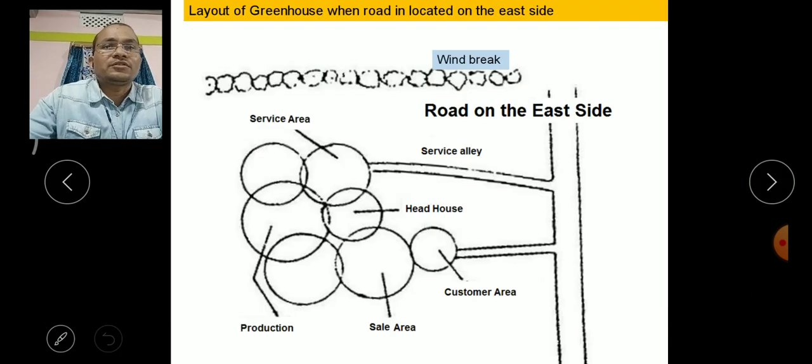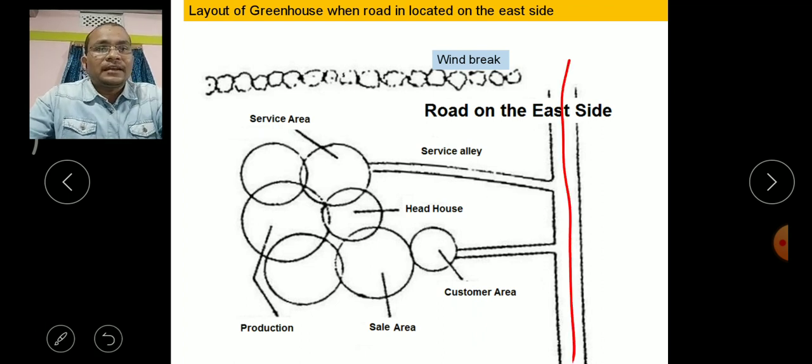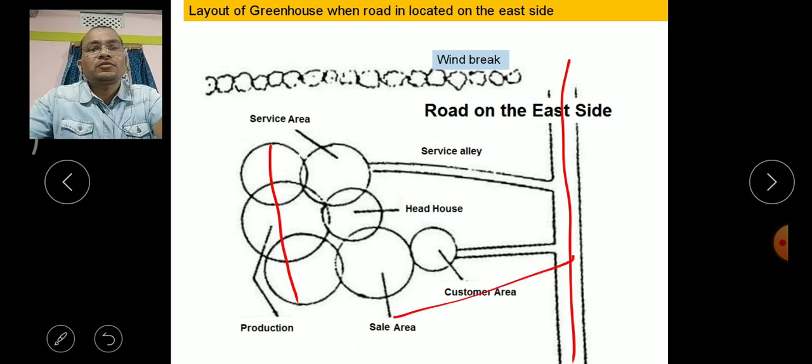See the first condition, the layout of the greenhouse when the road is on the east side. This is the east side road, and I have already told you the production house is an isolation area where no one is allowed, as it is sensitive. So this production area is far away from the road. There is no relation with the customer area.